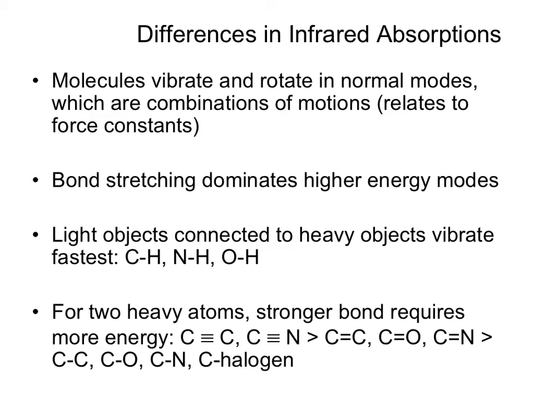Also, the mass of the atoms that are on that bond give you an idea of how quickly the vibration will occur. So stronger bonds will require greater amount of energy, whereas weaker bonds will require less amount of energy, for which reason a C triple bond C shows up in the 2100 range, a C double bond C in the 1600 range, and a C single bond C in, again, the fingerprint range.